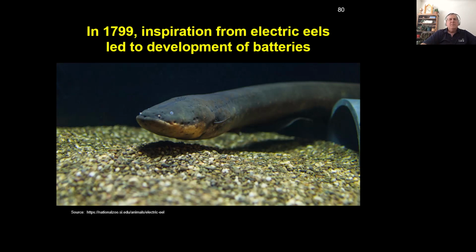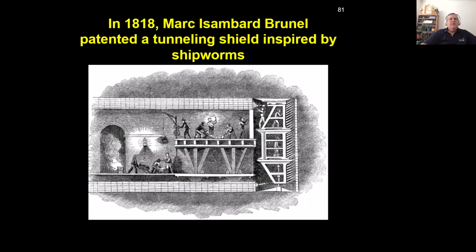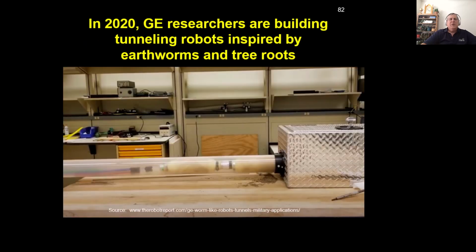There may be evidence of much earlier simple chemical batteries, but certainly studying the eel led to some new insights. 1818, Mark Isambard Brunel, father of Isambard Kingdom Brunel, patented a tunneling shield inspired by the way shipworms are able to burrow through the ground. GE researchers looking at how earthworms and roots are able to tunnel.